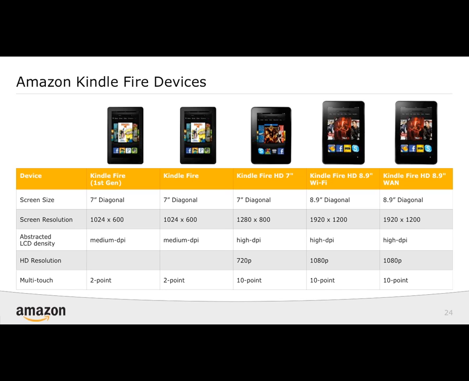In reality, they're a lot closer to TV DPI than HDPI. The device will self-identify as an HDPI device. So if some things are very precisely designed for HDPI as opposed to TV DPI, it may look a little funny. So just remember that we're closer to TV DPI than HDPI on those devices.